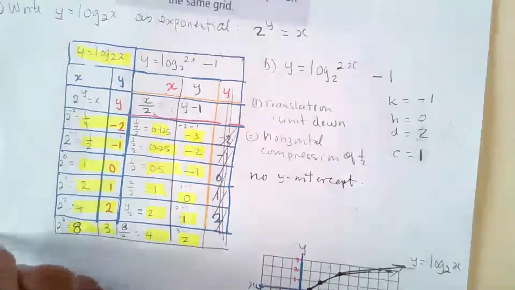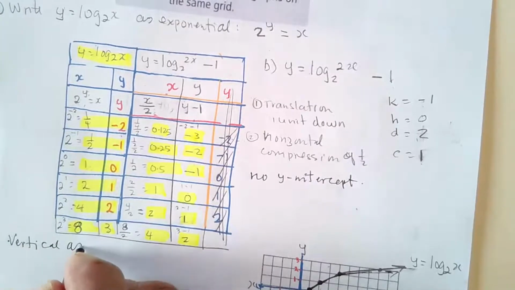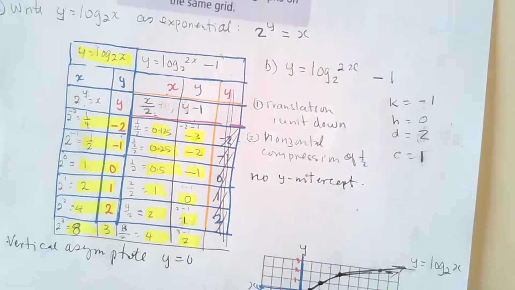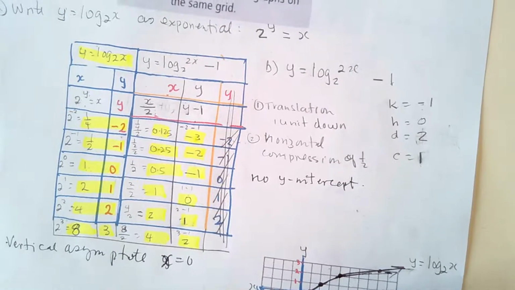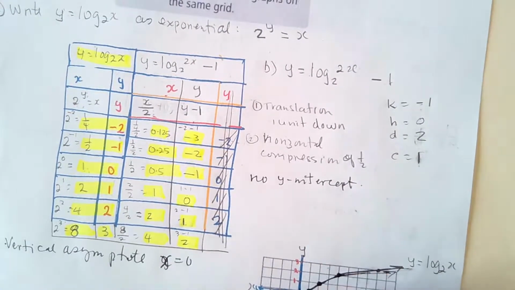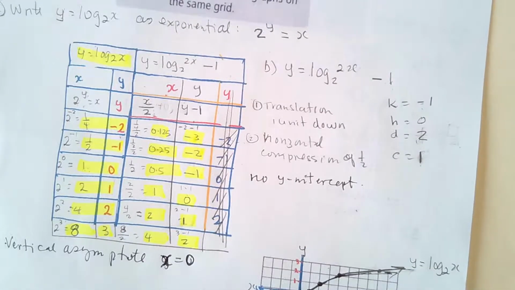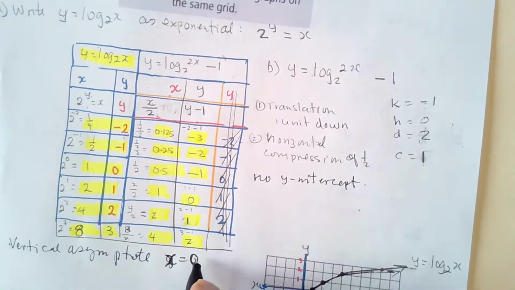So actually we're doing it here. So we have a vertical asymptote, y equals 0. Sorry, x equals 0 here. Oops. Okay, x equals 0 is our vertical asymptote.